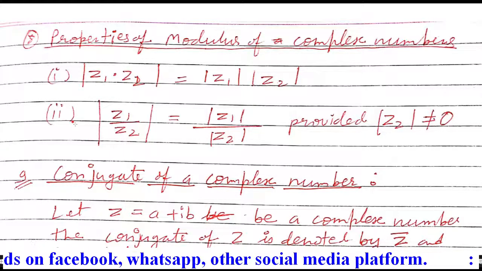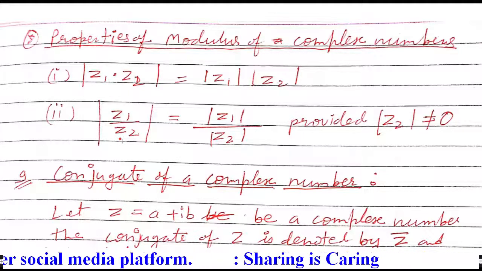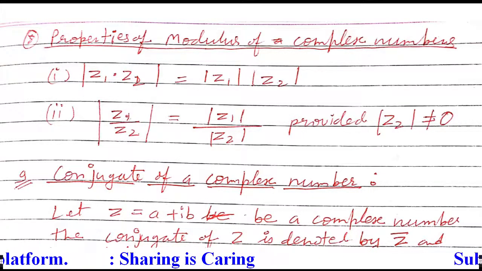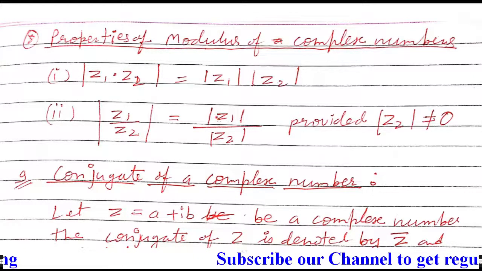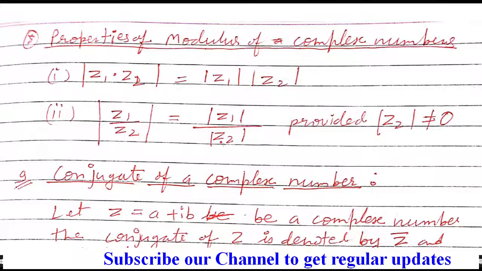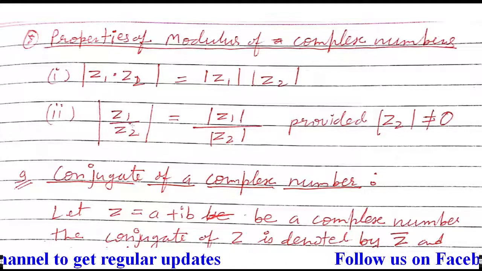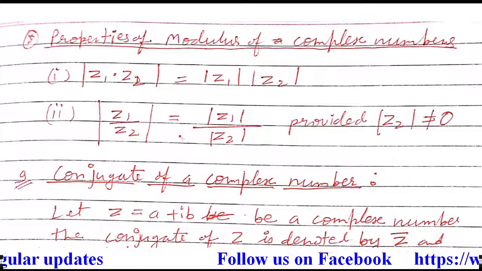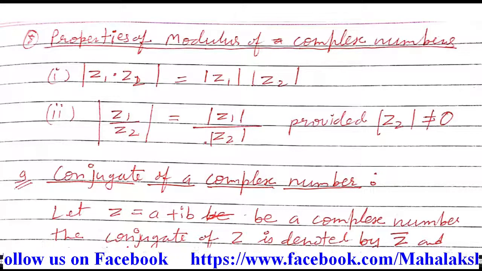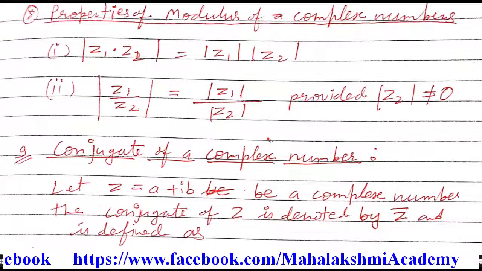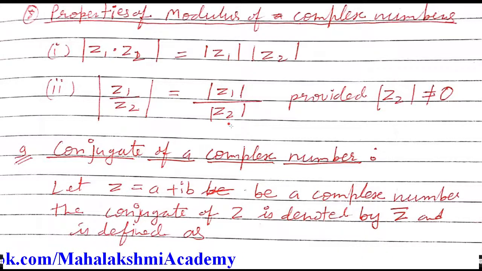In the same way, for the modulus of a division of two complex numbers, you have two options: either divide them and then find the modulus, or first find the modulus of each and then divide. In both ways the value is the same. And the denominator cannot be 0, because then it would become infinity.